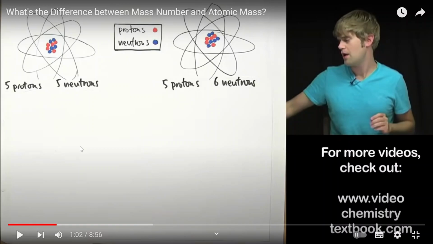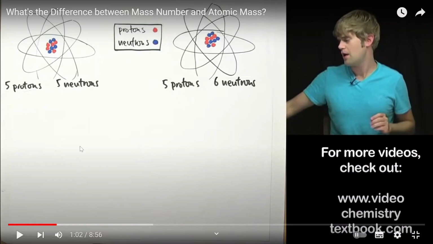Mass number tells us how many protons and neutrons are in the nucleus of an atom. But it's also important because it gives us an idea of how much the atom weighs. How much does the atom on the left weigh? 10 AMU. And the atom on the right? 11 AMU.